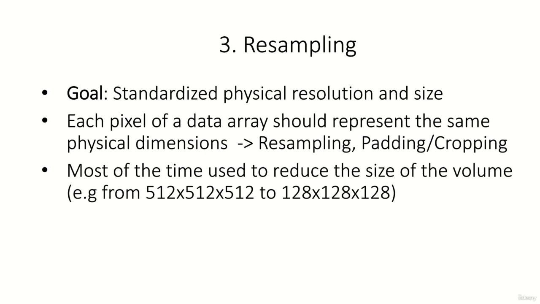This can be performed by either resampling, or if the single voxels already have the same physical resolution, by padding and cropping. Most of the time we use this methodology to reduce the size of our images or volumes.